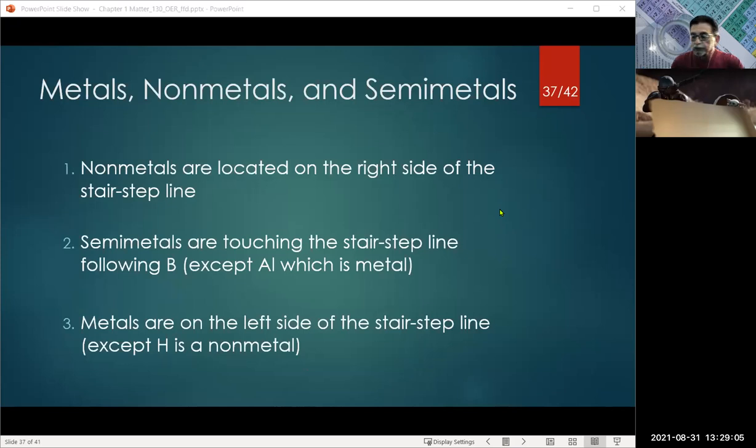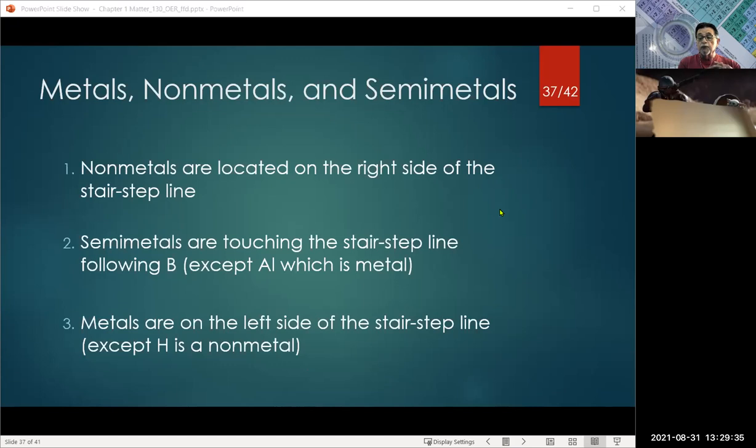All right, now we have 3 types of properties for these 118 elements. They're either a metal, which normally has the property of conducting electricity, or non-metals, which generally means that they do not conduct electricity, and then semi-metals, which means they have properties of metals and non-metals, and some do conduct electricity.